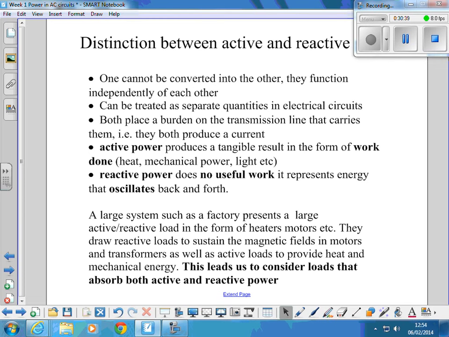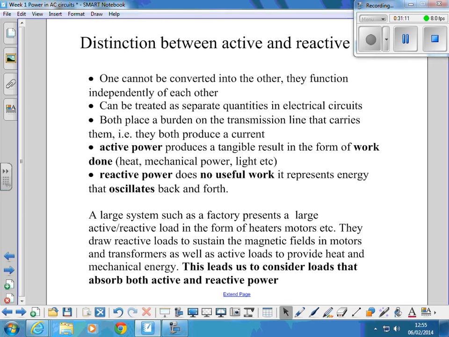A large system such as a factory or an oil rig or wherever it is you work, quite often, invariably really, presents a large active and reactive load in the form of heaters, motors. As soon as you wind a coil, you've got an inductor, even if that's just that loose coil on a 3-bar electric fire or something. You've got some inductance there that's going to cause some reactive power.